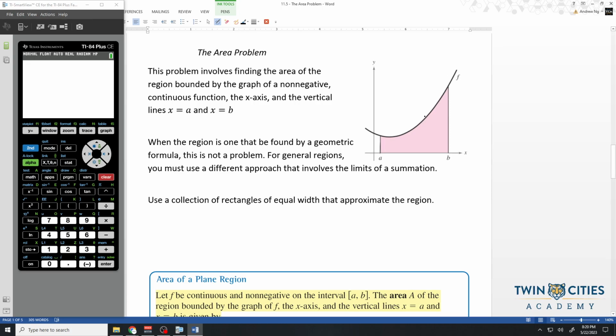This is some weird shape, and I can't find it by simply using one formula. I also can't find it by even breaking this up into nicer shapes, like you've done in geometry. So what can I do? What we're going to do is approximate this using rectangles.